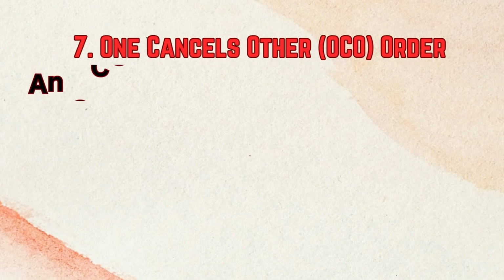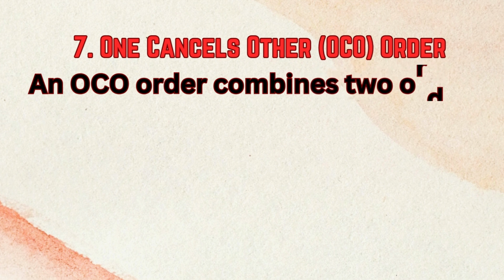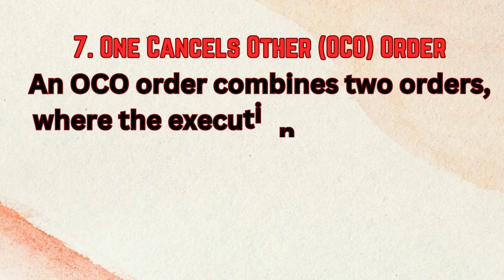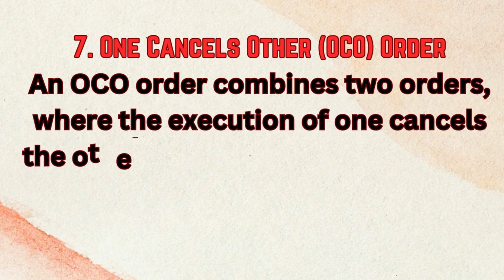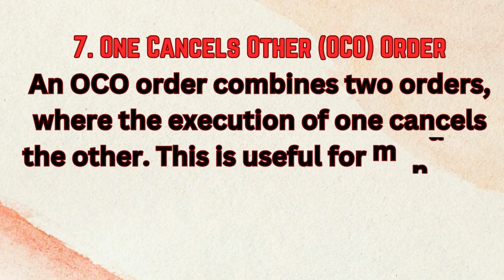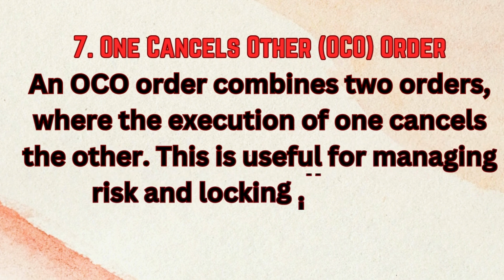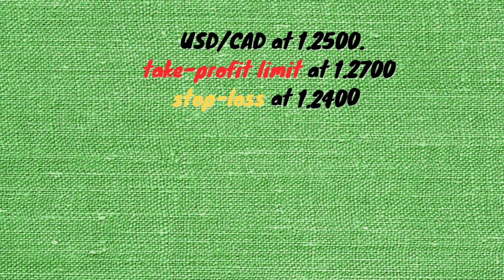So the next type of order is the one cancels other, OCO order. An OCO order combines two orders where the execution of one cancels the other. This is useful for managing risk and locking in profits. So for example, you have a long position in USD CAD at 1.2500.